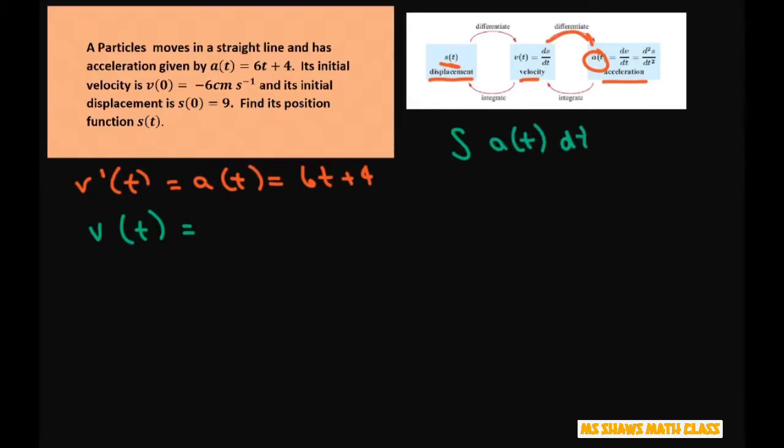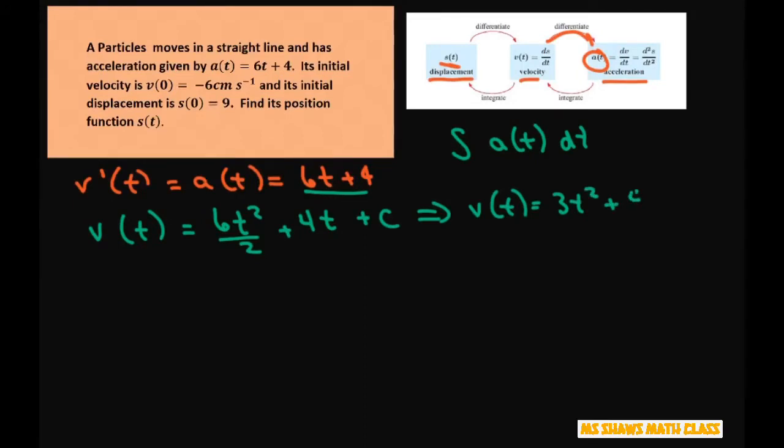But we can just do this kind of mentally. So that's going to be 6t squared divided by 2 plus 4t plus c. And that's going to simplify to the velocity v of t equals 3t squared plus 4t plus c.